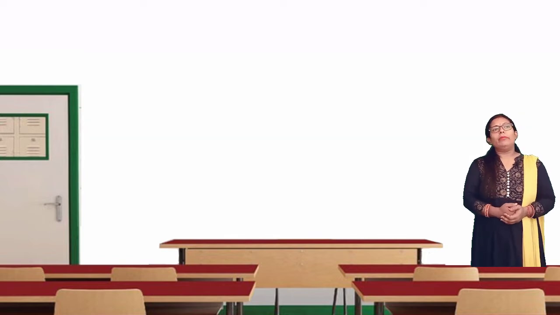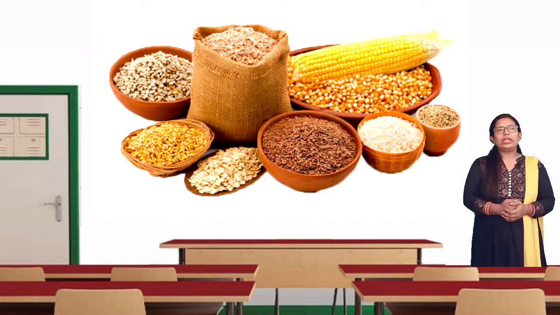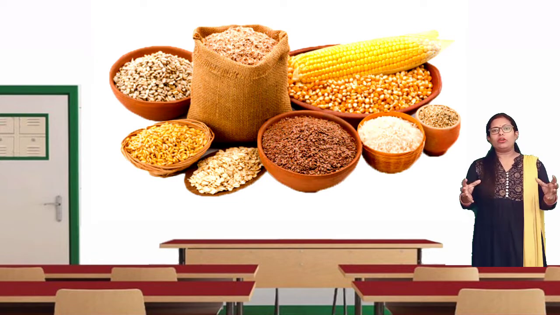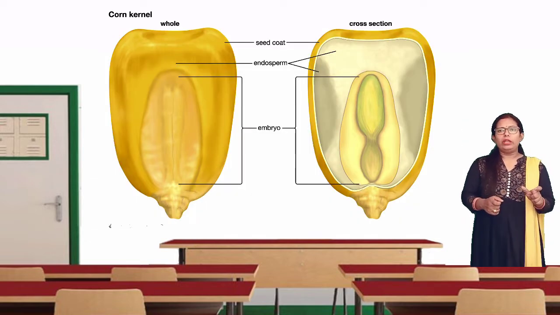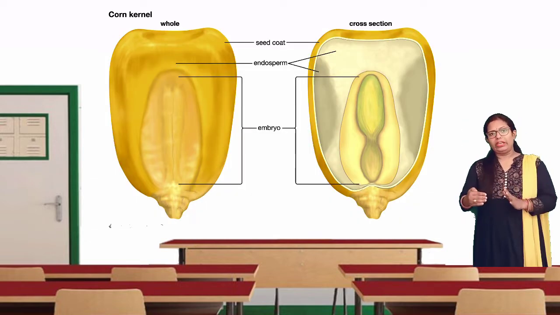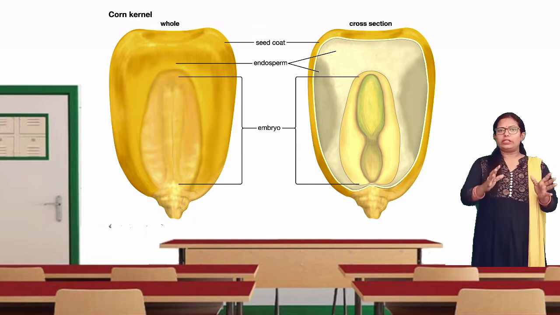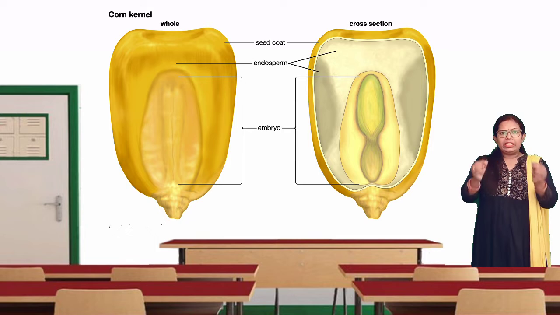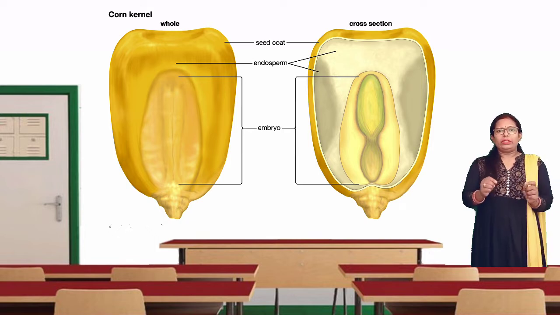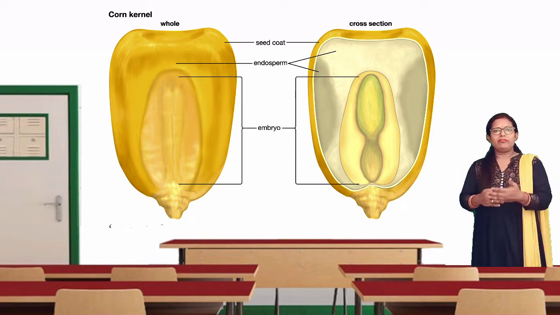Now we will talk about grains. Grain is the combination of fruit and seed, because in grains the fruit wall that develops from the ovarian wall, fruit wall जो ovarian wall से बना होता है, and the seed coat that is formed by the integuments of the ovule. Ovule के integuments बाद में क्या चीज में convert हो जाता है?